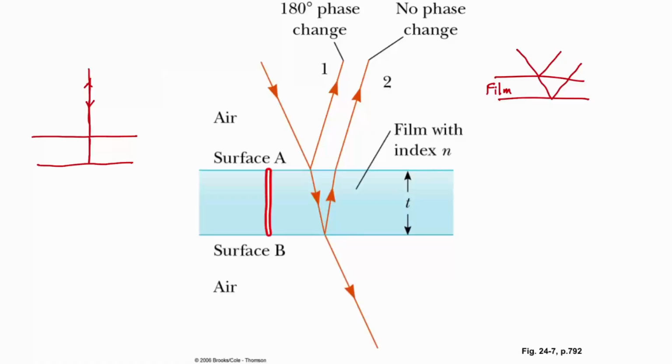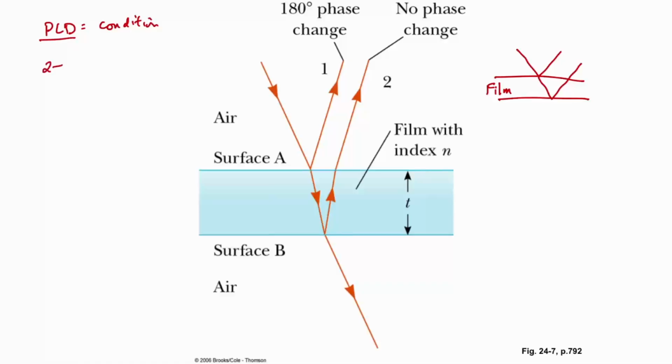It's coming down a distance T, and then it bounces off the bottom and comes up a distance T. So write down whatever you want, but be sure to write down what I put in the box, okay? I'll box the most important part when we get there. So the path length difference equals the condition, right? The path length difference is 2t, isn't it?